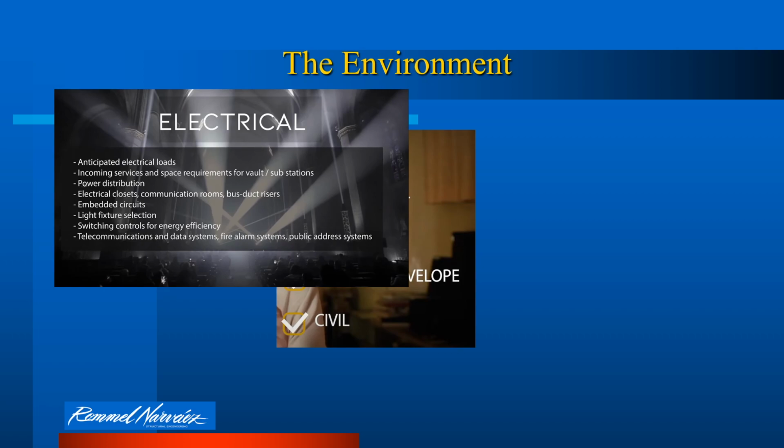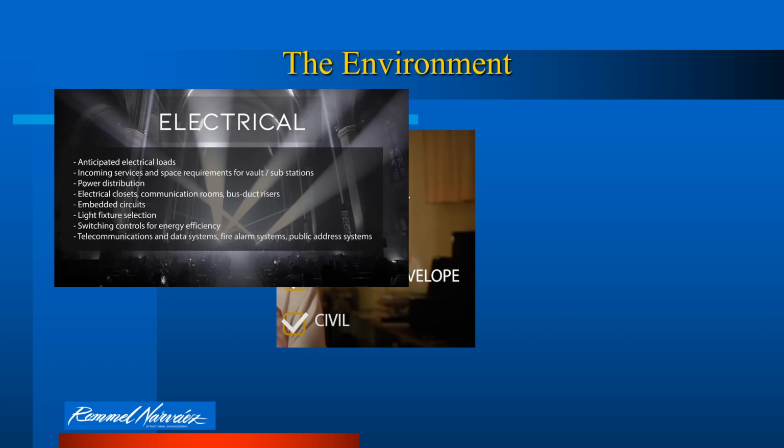We are working with electrical engineers. We don't need to have deep knowledge about this stuff, but quite enough that you can deal with this kind of specialization. And this is things like, for example, the loads, anticipated electrical loads, incoming services and space requirements for vaults and substations.